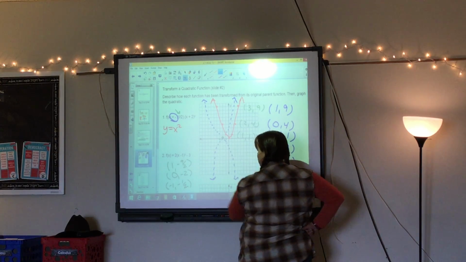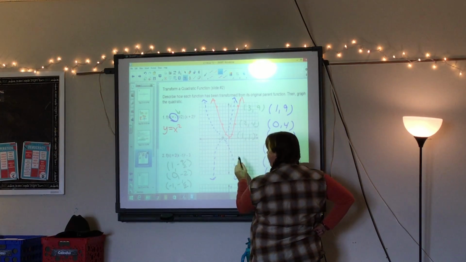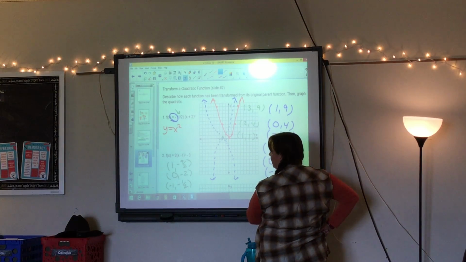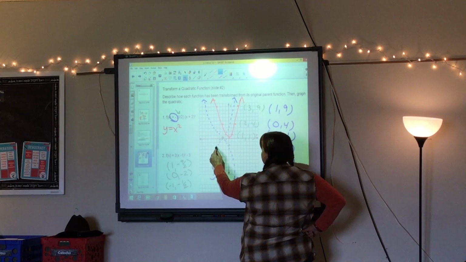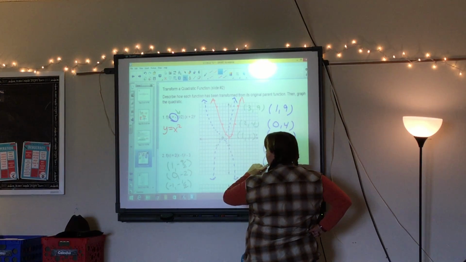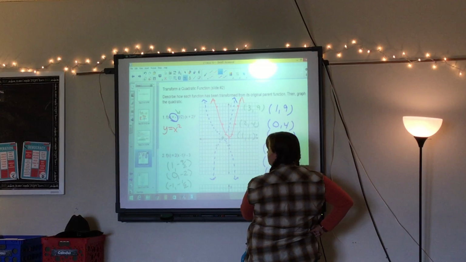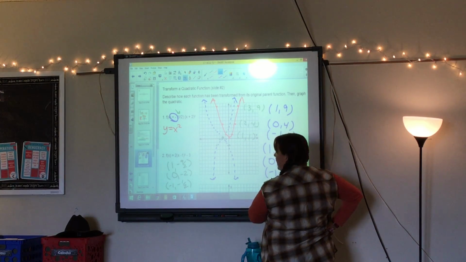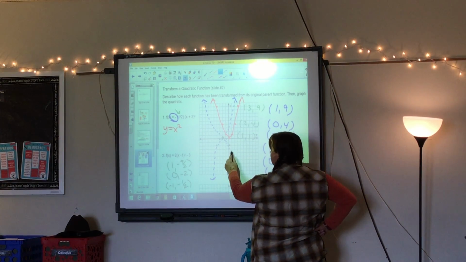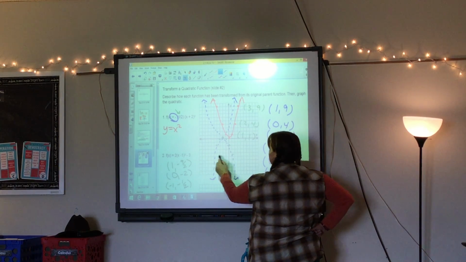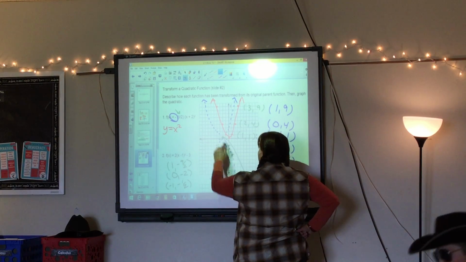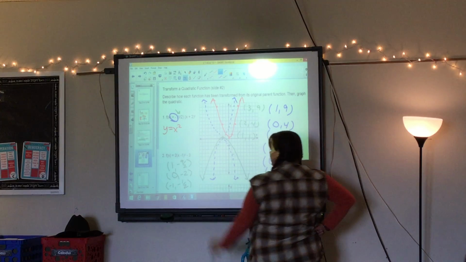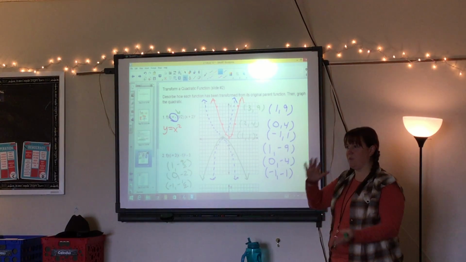So it's like squished. And then at 1, we're at 9/2: 1, 2, 3, 4 and a half. So it just got wider because we compressed it vertically.